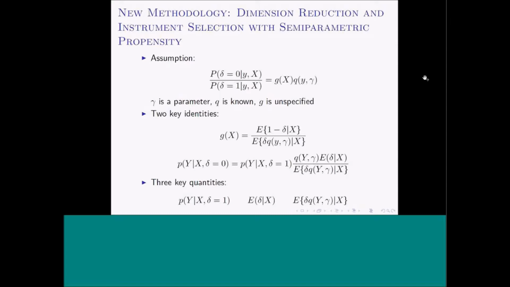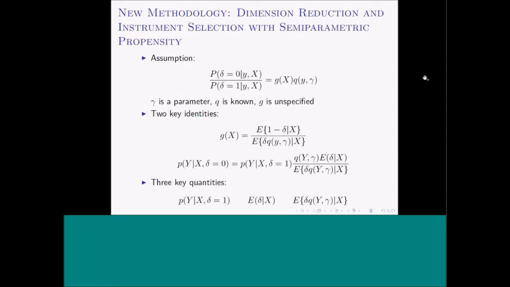So after that, you look at these two identities. The quantities that show up in them are three quantities that I listed below. One is the probability density of y given x when delta equals 1. The other is the conditional expectation of delta given x, which, because delta only equals 1 or 0, is the probability of delta equal to 1 given x.